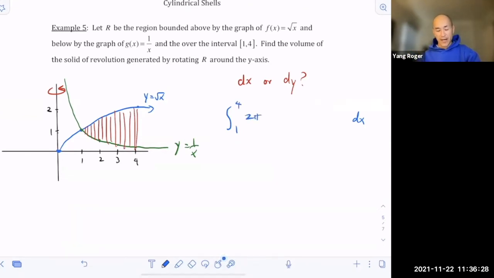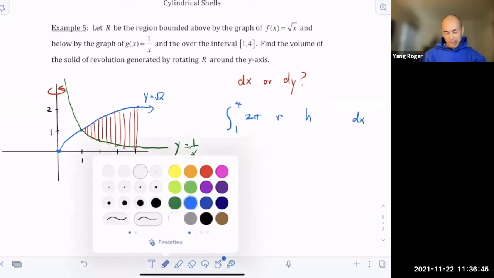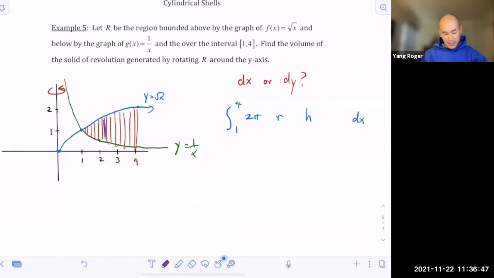It's going to be 2 pi times the radius times the height. Now, we didn't shift this axis of rotation. So to me, it looks like if we took a typical shell over here, the distance from here to here is just going to be x. So I think the radius should be x.